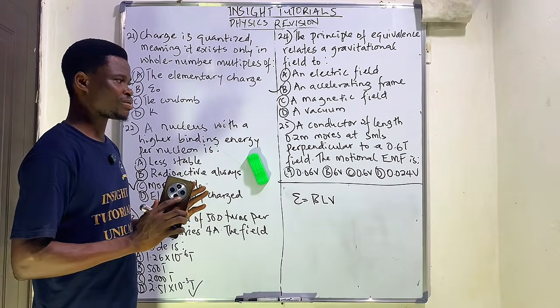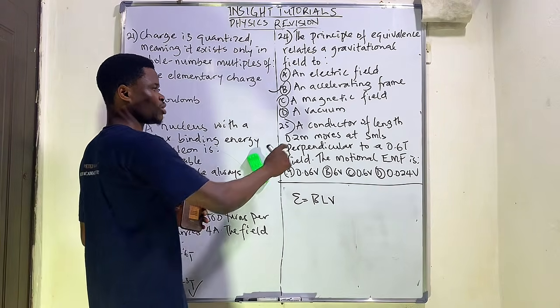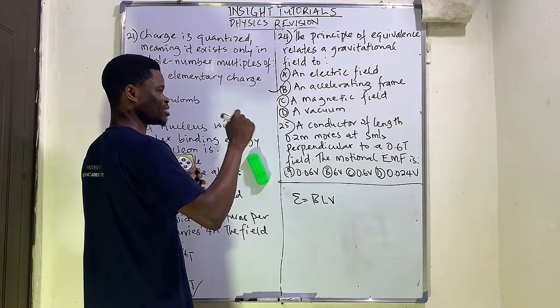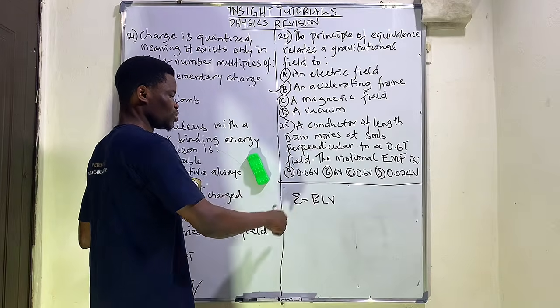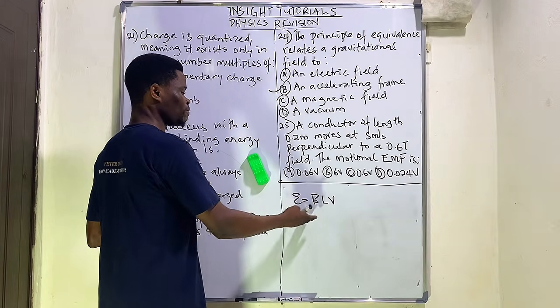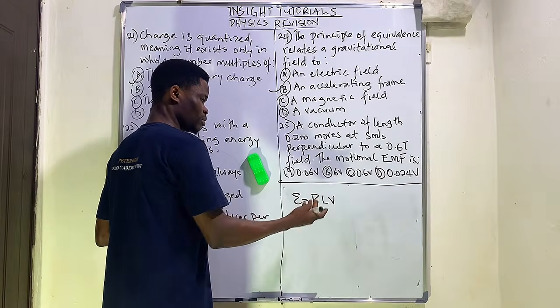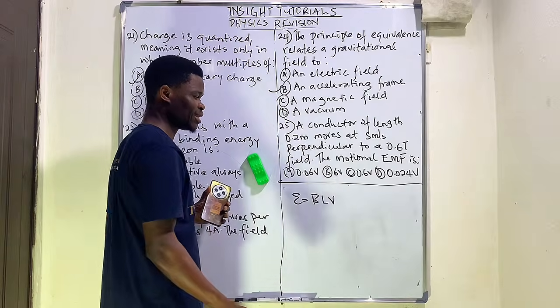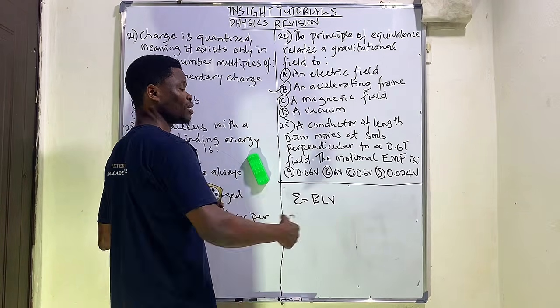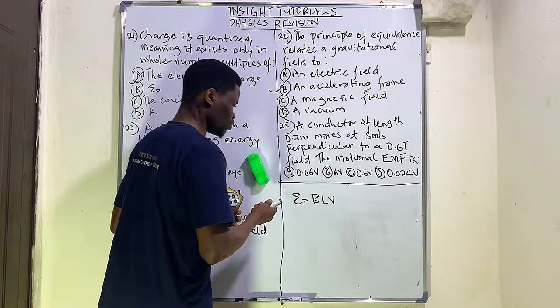They are very important, okay? The conductor of length moves perpendicular to a 0.6 Tesla field, so that's the magnetic field strength. The electromotive force is simply the magnetic field strength times the length times the velocity. And that's how we're going to get the motional electromotive force.